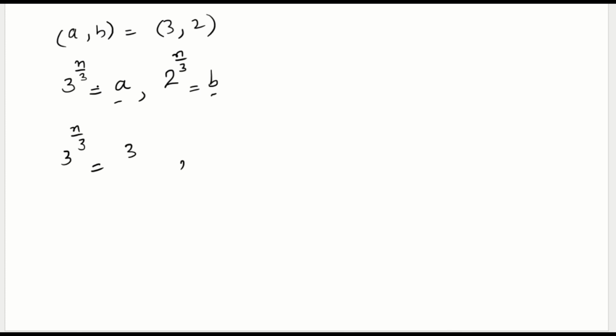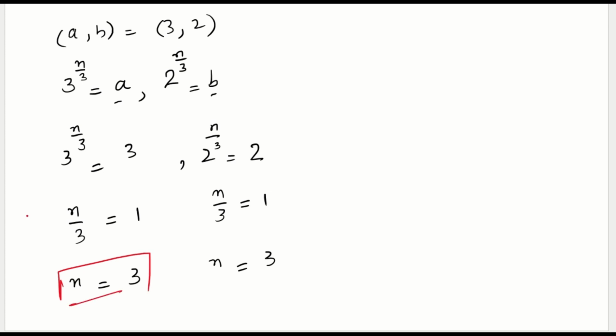Bases are the same, so we can compare their powers. And for the other value, 2 to the power n over 3 is equal to 2. Here also the bases are the same, so n over 3 is equal to 1, which gives us n is equal to 3. So we get n equal to 3 from the second case, which is the positive value.